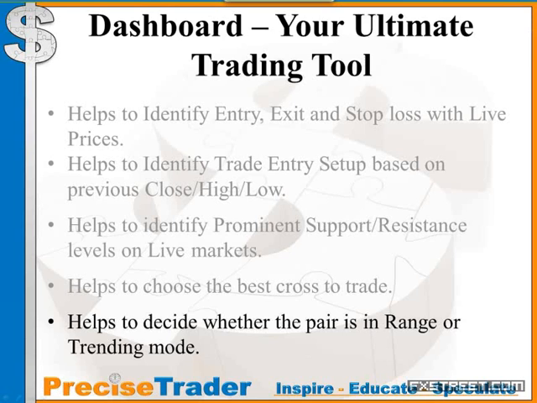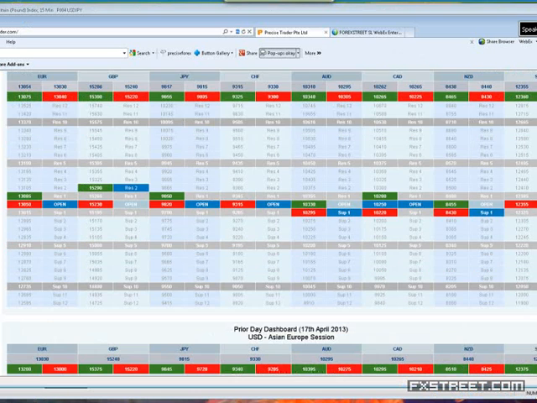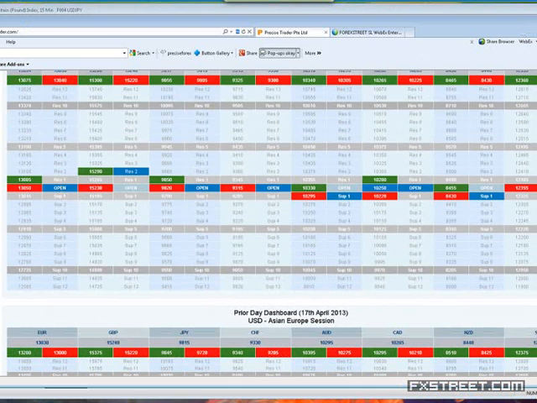Okay, now let me show you the chart again. Here, it helps me to choose the best cross to trade. To give you an answer to that, what I normally do is look for the open and the low or high to be near the open, because if I'm expecting the buying sentiment to go up, then usually the open and close should be within the open level.